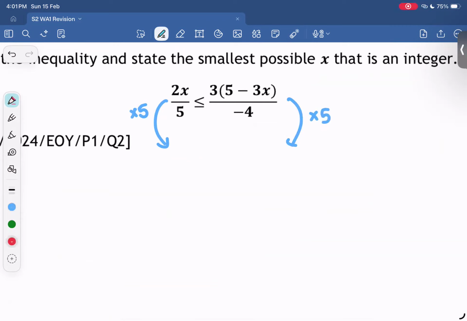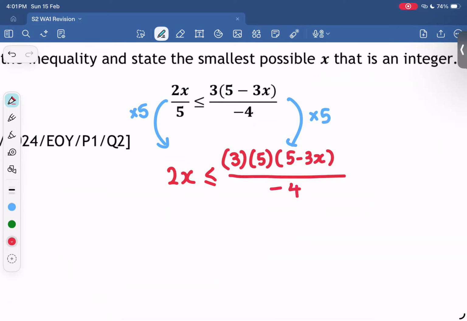So what I will have is 2x being less than or equal to 3 bracket 5 minus 3x over -4, since I'm multiplying by 5. Because it's a whole number that I'm multiplying, times 5 means I will only times 5 to the numerator.